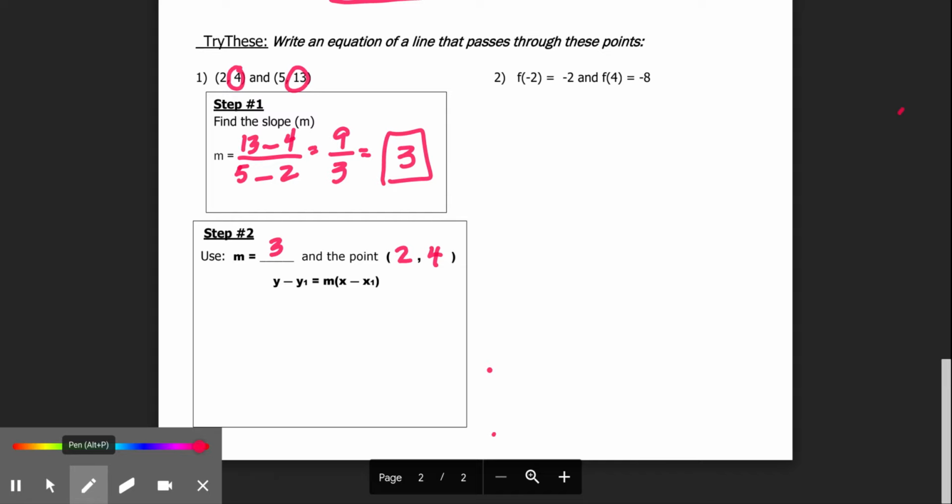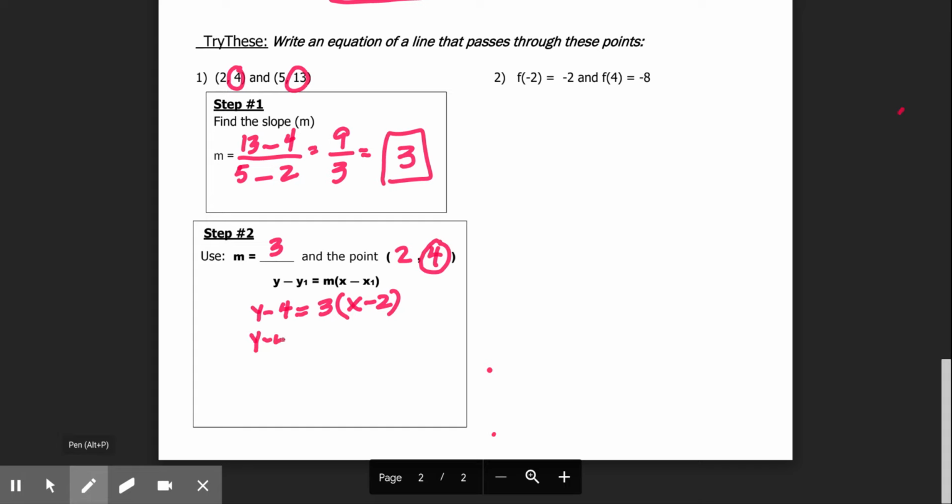So now, I'm going to start with y. So it'll be y minus 4 equals 3 times the quantity x minus 2. And going back to choosing an ordered pair, you could choose one and your table partner could choose a different one, and then you see if you come up with the same equation. You should.